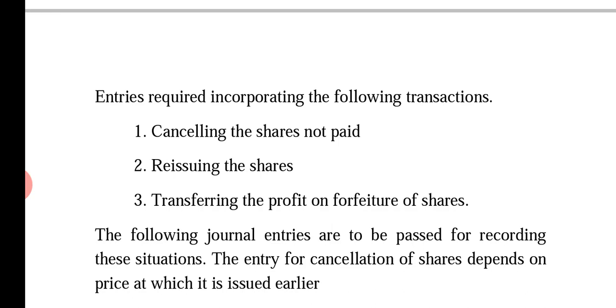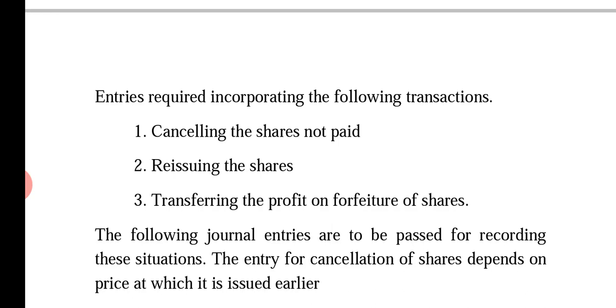After cancellation, is there any profit on cancellation? That should be transferred to general reserve. So 3 journal transactions will take place after forfeiture of shares: one is the cancellation entry, another is the reissue entry, and the third is the transfer of profit to general reserve.